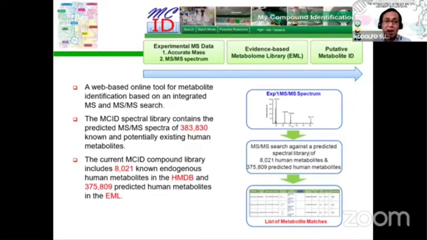Okay, and the current MCID library now includes over 8,000 endogenous human metabolites that are curated in the Human Metabolome Database, and almost 400,000 predicted human metabolites in EML, the Evidence-based Metabolome Library, which is based on one metabolic reaction only. That's why between HMDB and EML, HMDB still proves to be more useful in metabolite identification for discovery metabolomics.